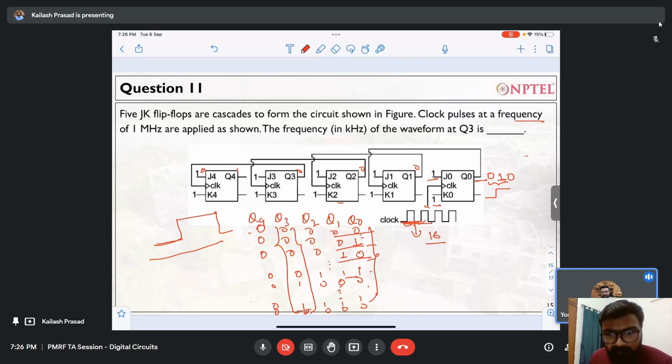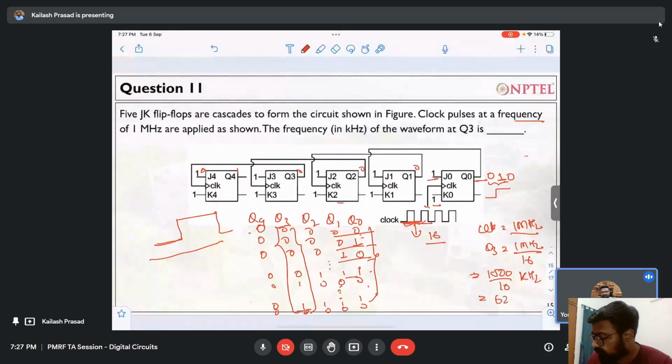It means after 16 clock cycles, q3 has completed one cycle. So if the frequency of the clock is 1 megahertz, what will happen to the frequency of q3? It will be 1 megahertz divided by 16. If you divide 1 mega by 16, this will be 1000 by 16 kilohertz, which is 62.5 kilohertz.